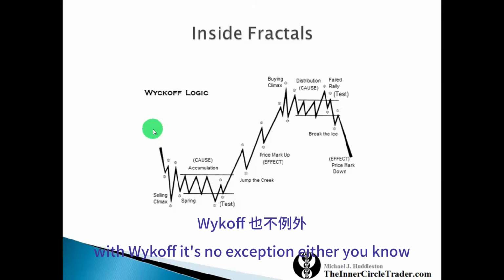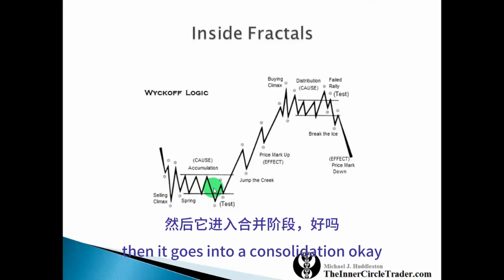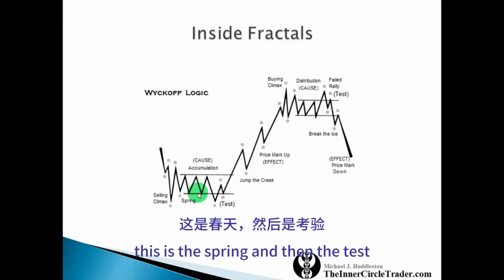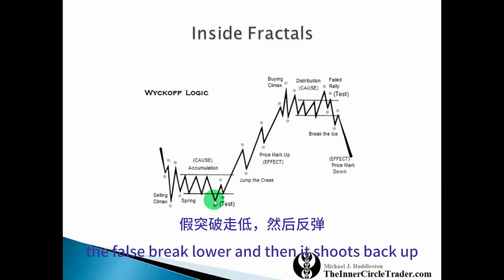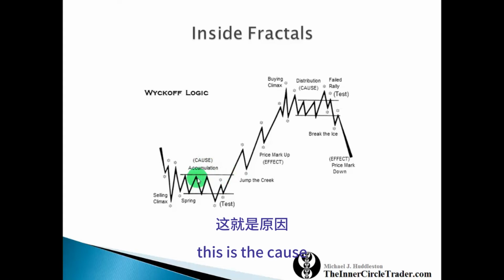it's no exception either. They'll always talk about the selling climax, okay, then it goes into a consolidation. Okay, this is the spring, and then the test, the false break lower, and then it shoots back up. It jumps the creek here. Okay, this is the cause.